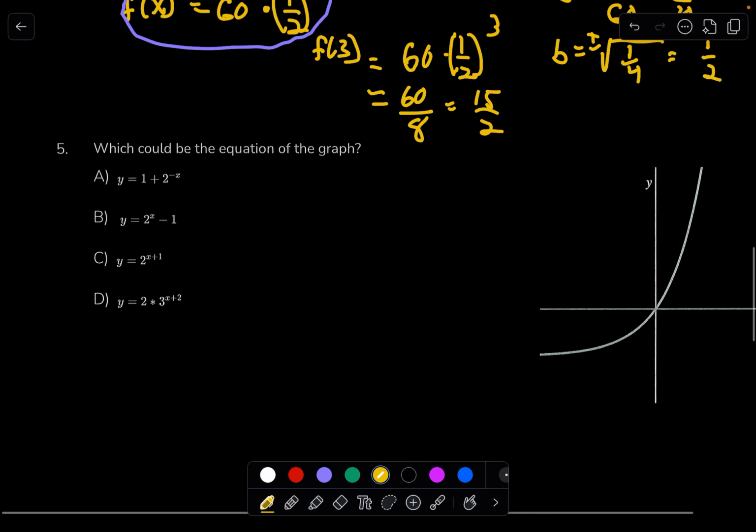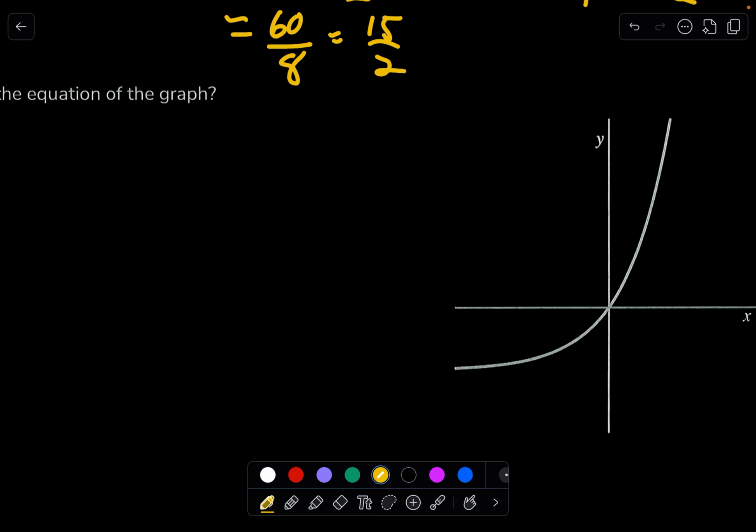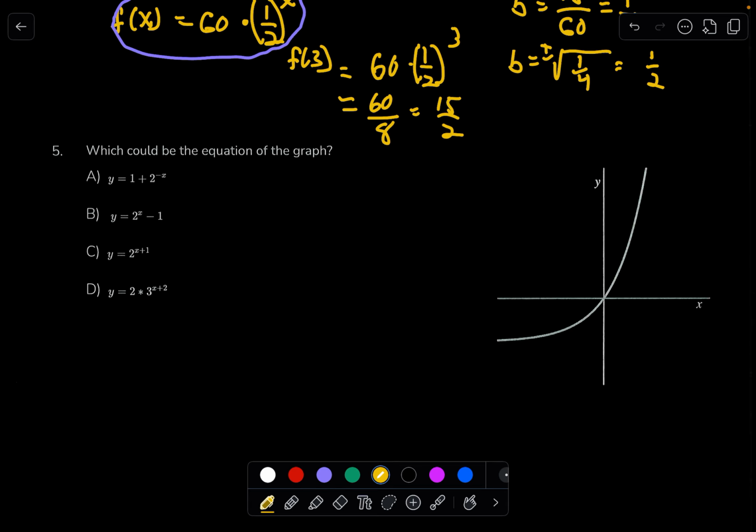The last question on this quiz. Which could be the equation of this graph? So this graph is exponential growth. Okay, we know it's exponential growth because it has the shape, it blows up moving to the right. So that's exponential growth, which means you know your base has got to be bigger than 1.